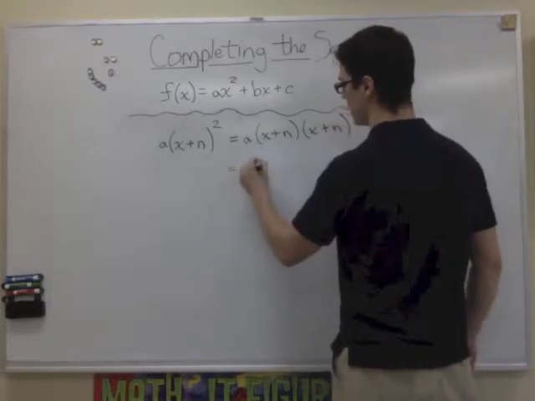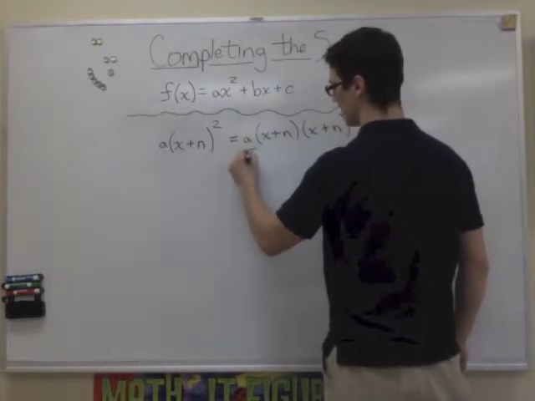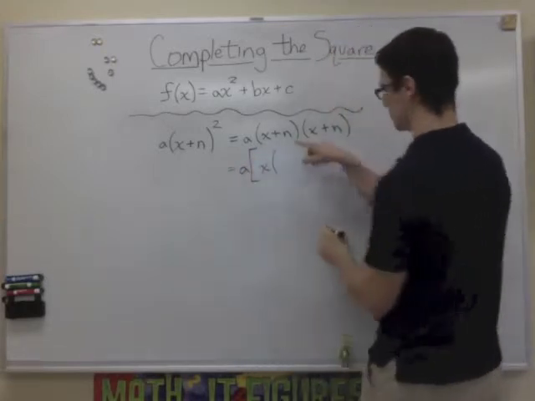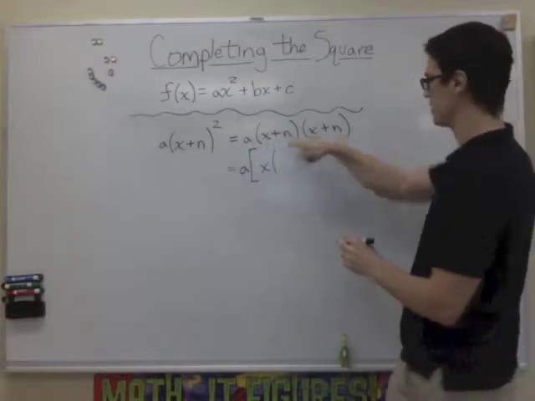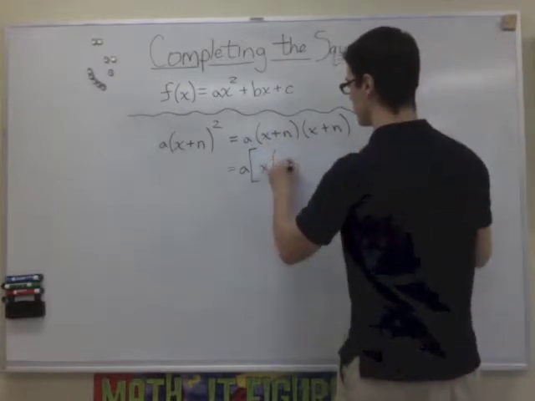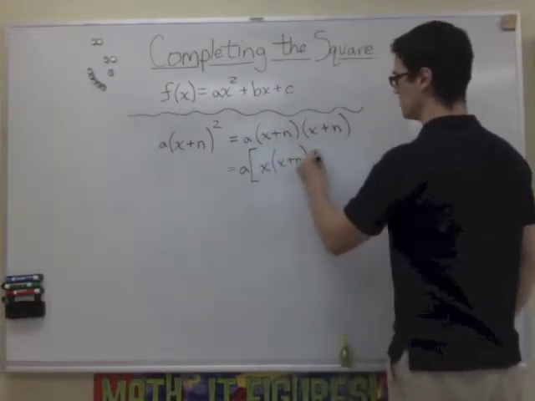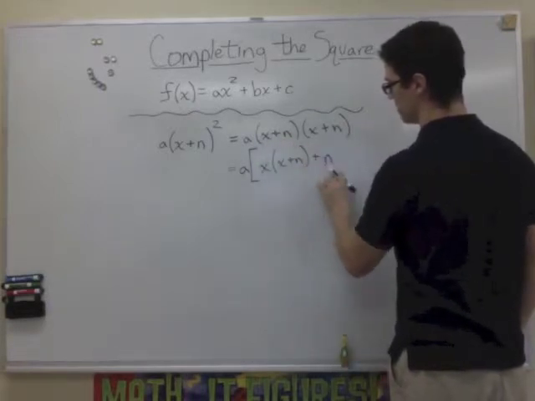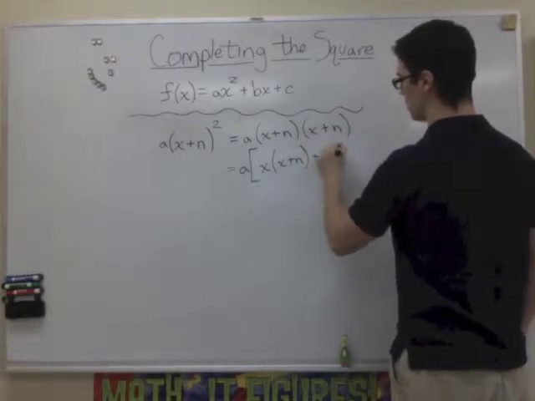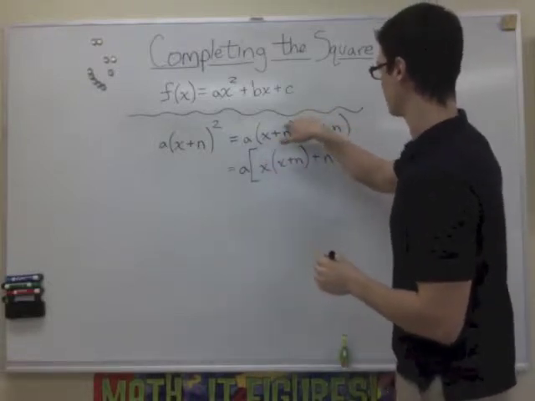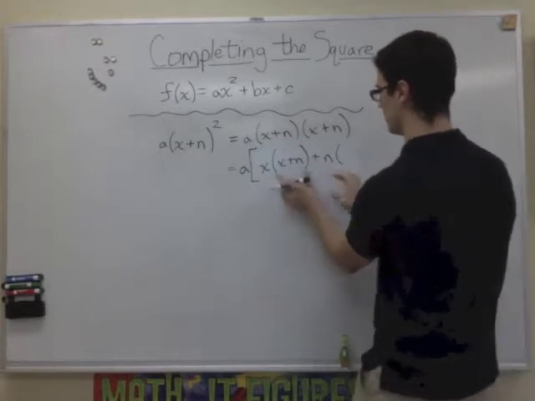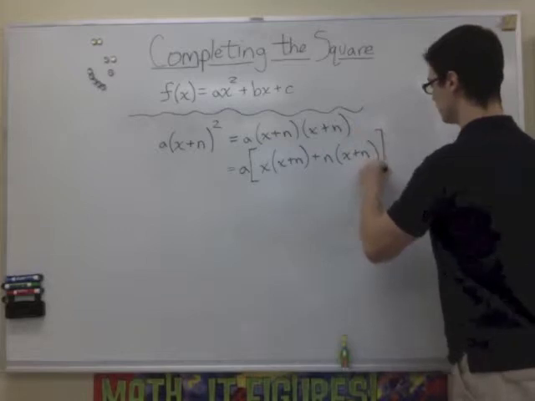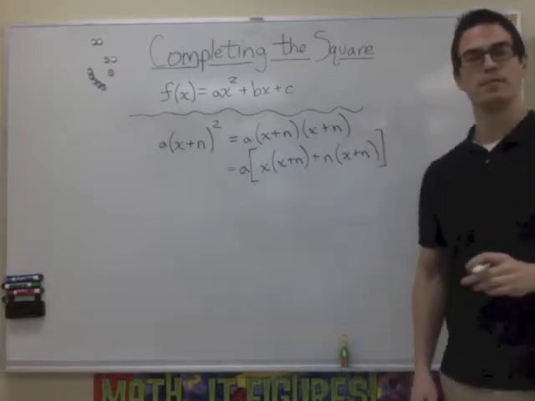I'm just going to write the a, and then for this one, I'm going to write little brackets here, and then write x times, that's the first term right here, x times this whole value, x plus n, put that in parentheses, then continue with the x right here, plus n, so I'm going to put a plus n right here, and then drop this down as well, because, again, I have to distribute it for both of these terms. So x plus n, x plus n, like so, put a little bracket in there. Make it nice and neat.